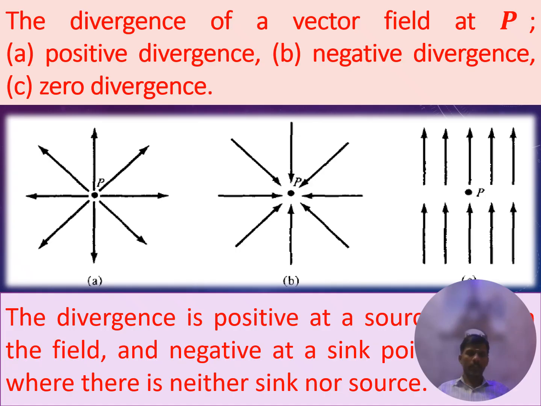So figure A is a positive divergence, figure B is a negative divergence, and the third one, C, is neither positive nor negative, that means zero divergence.